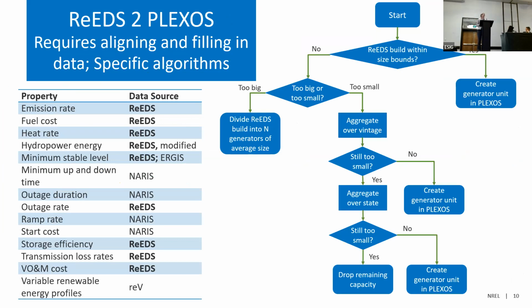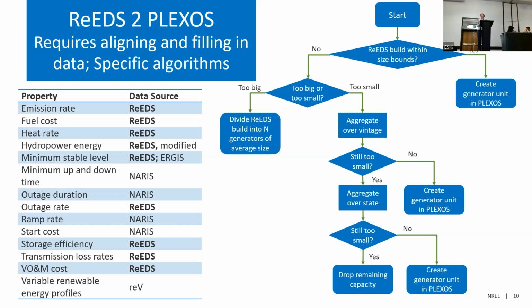So this is just an example over here on the left of all of the different properties that we need in PLEXOS to do a production cost modeling run. We need all these different properties for the different generators. And then, where do we get those data? In many cases, we can take them from ReEDS, because ReEDS is modeling similar systems. They have a lot of the data, but they don't have all the data. So we have to fill in those gaps, and that's always a process that you have to go through.